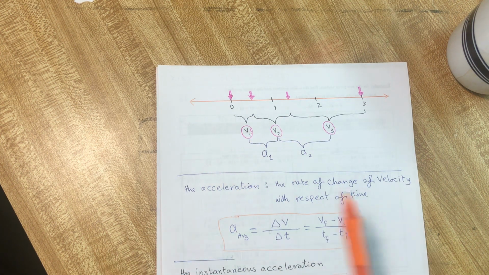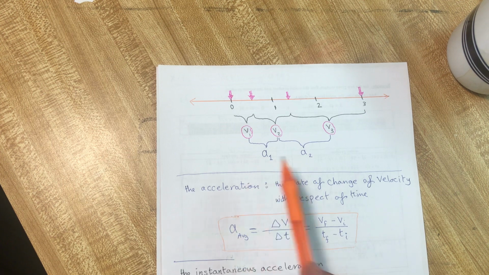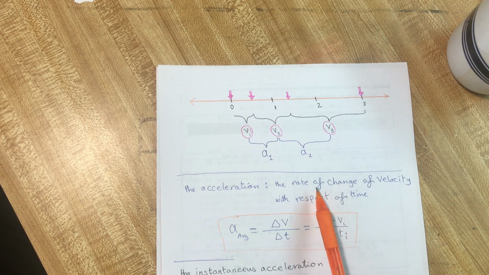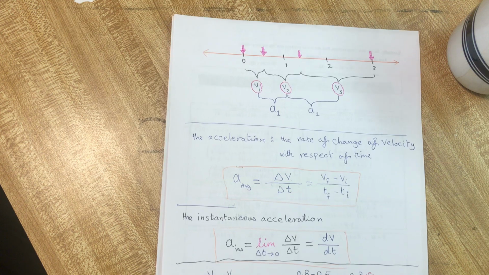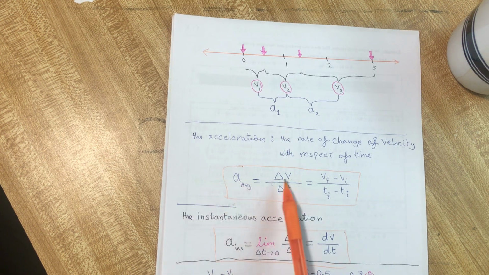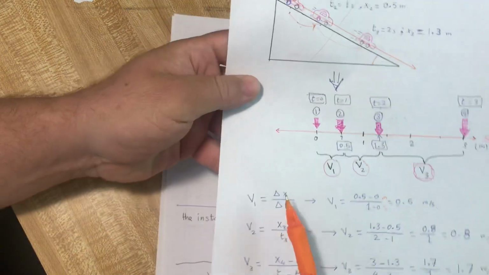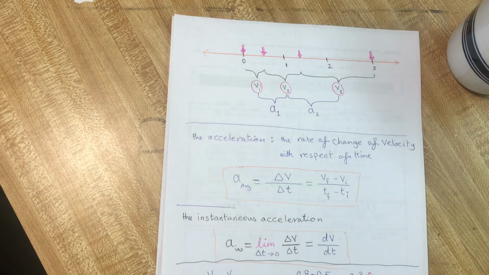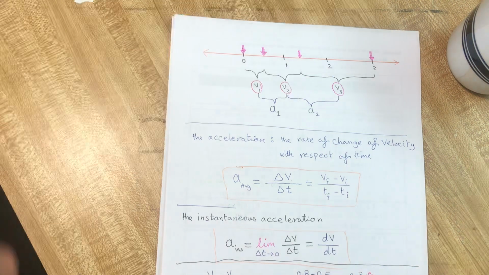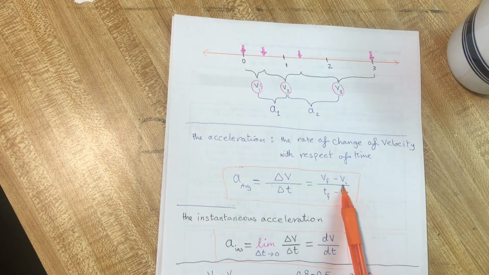We can also calculate the acceleration, which is the rate of change of velocity with respect to time. It is the same steps. The acceleration is delta v over delta t. The velocity is delta x over delta t, but now we have delta v over delta t. We have another step, which is v final minus v initial over t final minus t initial.